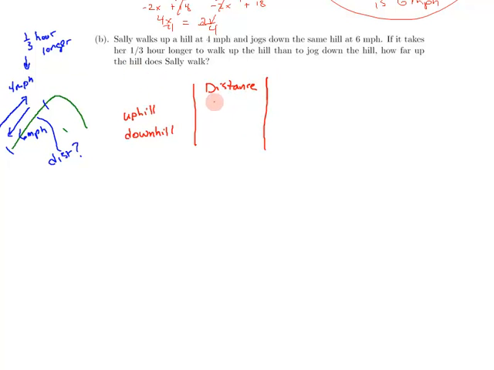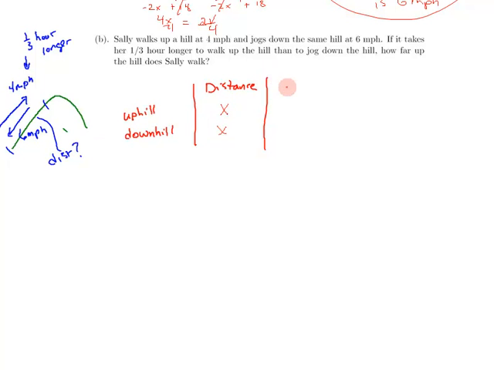Well, actually we don't know, do we? Well, let's stick our variable in there. The distance she travels up the hill will be x. So what's her distance she travels down the hill? Well, I think it's pretty clear from the problem. Let's assume she's going to go the same distance back down. She starts at the bottom of the hill, she walks up it, and then she jogs down. She's going to travel the same distance both ways.